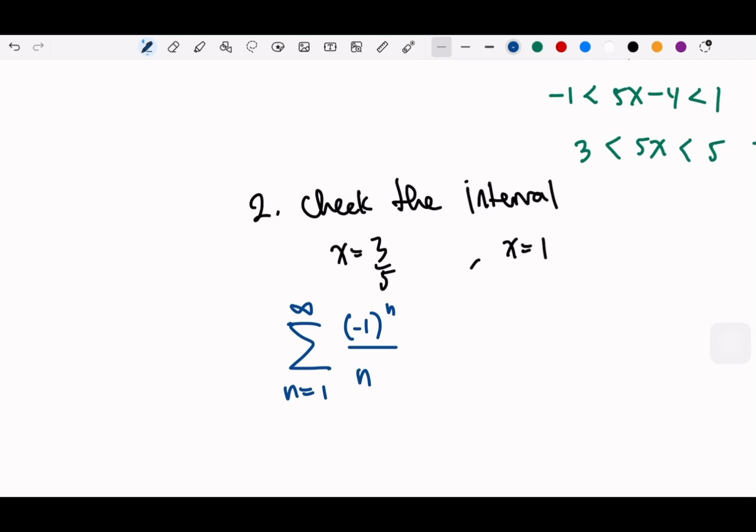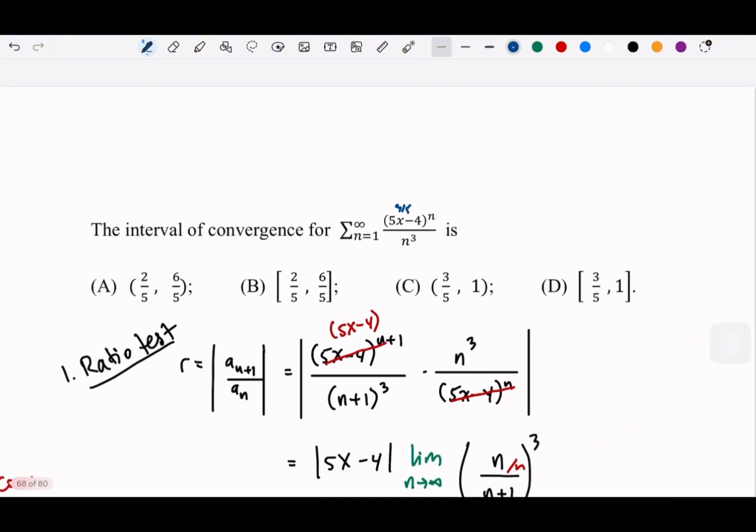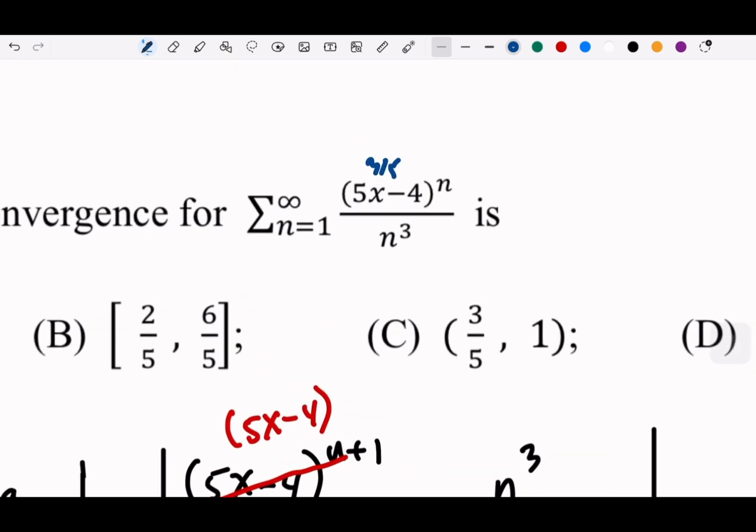over n cubed. And we know that this alternating series and also the 1 over n cubed, the p series, are all convergent, right? So this is convergent. And when x equals 1, 5 minus 4 is just 1, right?